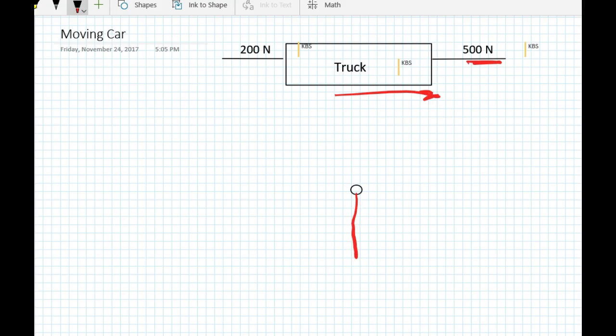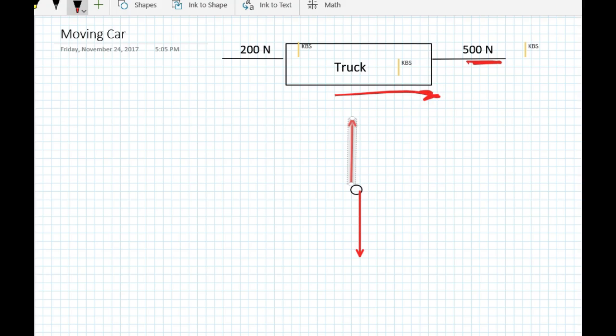So, once again, let's do that a little neater. So, let's go right here. We have our force of gravity. I missed that a little bit. It's a little off. That's okay. We have our normal force. We know these two forces are equal because the truck's not flying in the air.